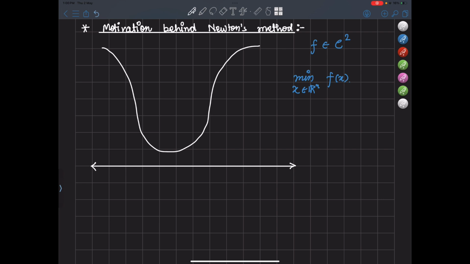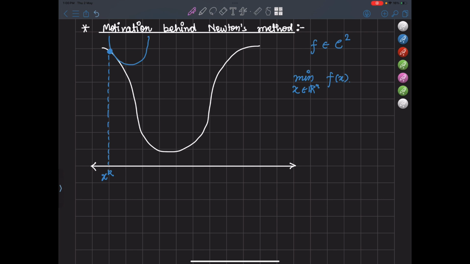The motivation behind finding the minimum is, let's say I start with some point here, xk. What I do is I approximate this function to be a quadratic function here.